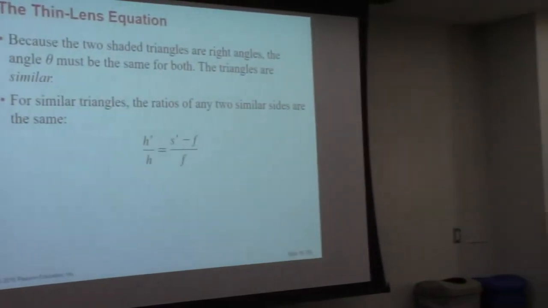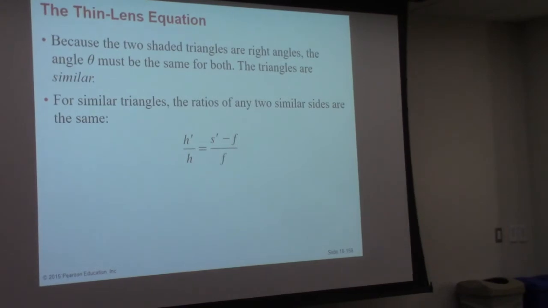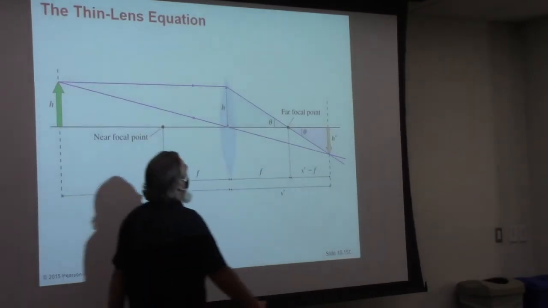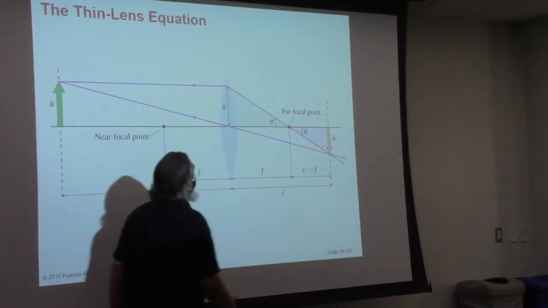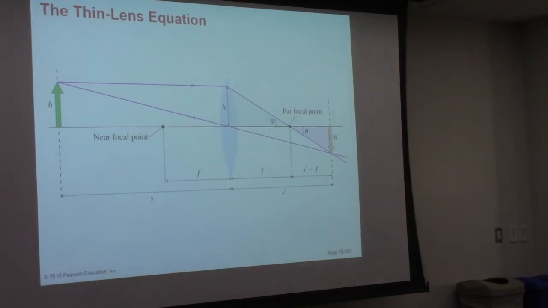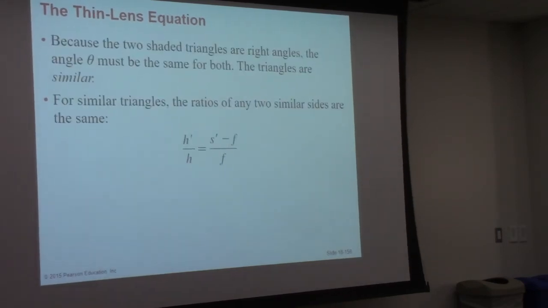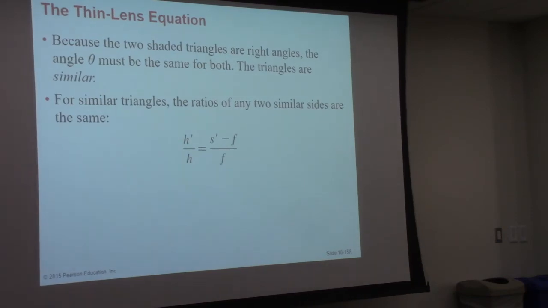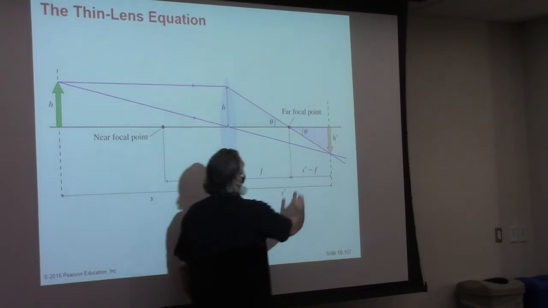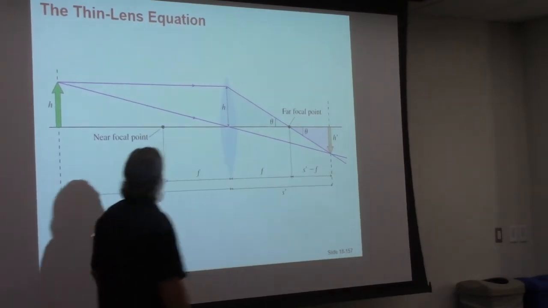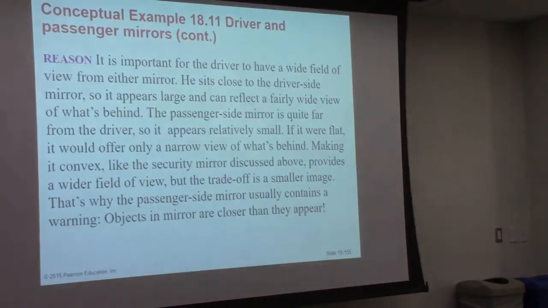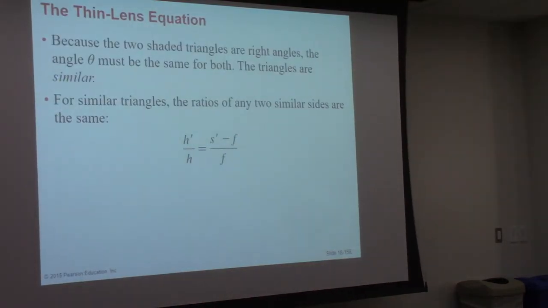Okay, so looking at a couple of similar triangles, h prime over h, this distance to this distance is the same thing as s prime minus f over f, as this distance is to this focal length distance.